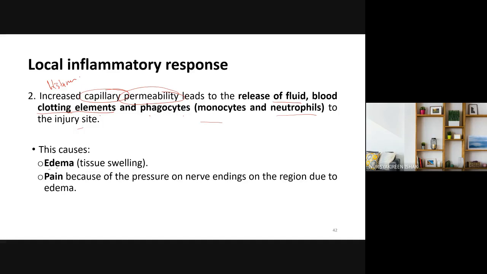So this causes edema. Edema ni lah tissue swelling disebabkan apa? Fluid yang keluar daripada blood capillaries tu tadi, tissue swelling, kawasan tu bengkak. And then pain, because of the pressure on nerve endings on the region due to edema. So kawasan tu akan berasa sakit lah sebab apa? Ada pressure due to edema.